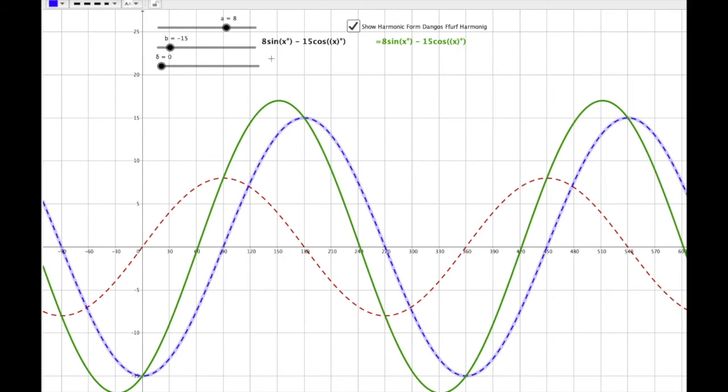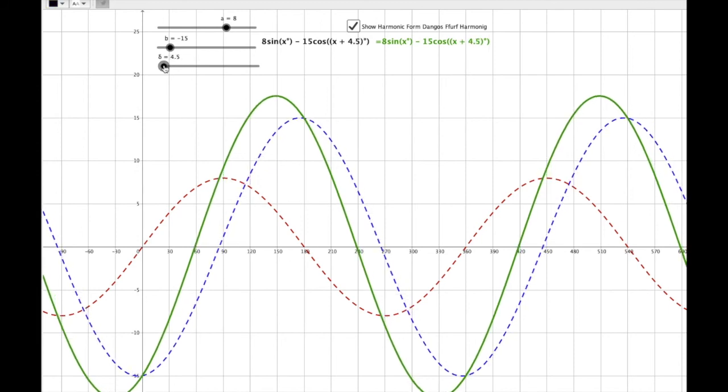The delta will show up when we increase it from 0. So that's of the form f of x plus delta. And so, as you may know, as delta increases, the curve will move to the left. So let's see what happens.